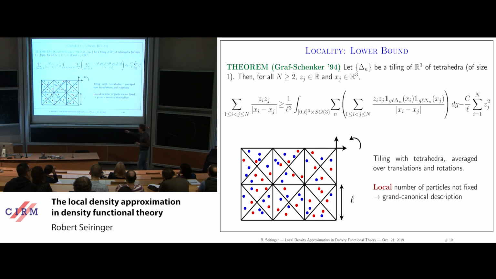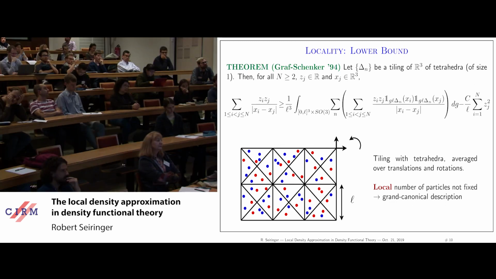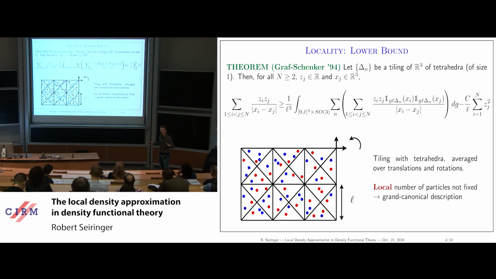They are not point particles, really, they're a continuous charge distribution, but then you can just integrate over the location, say, of the blue particles, and that gives you something like a background charge distribution, the origin of which, as I said, is really the direct Coulomb energy which you have to subtract. So that's one key ingredient, and it gives you this approximate locality, because it basically tells you you can ignore everything that happens outside a tile.